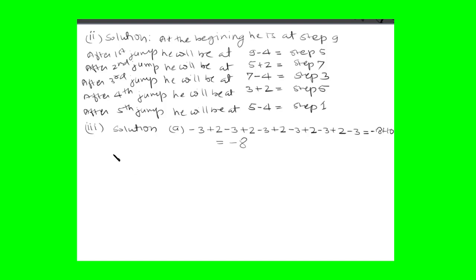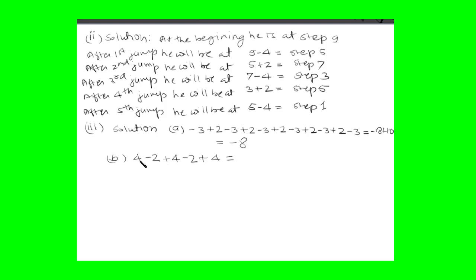Now part B, 4 minus 2. This represents 4 steps up and 2 steps down because down is represented by minus. Then plus 4 and minus 2, then plus 4 equal to.